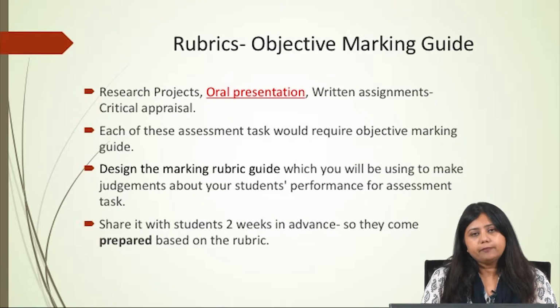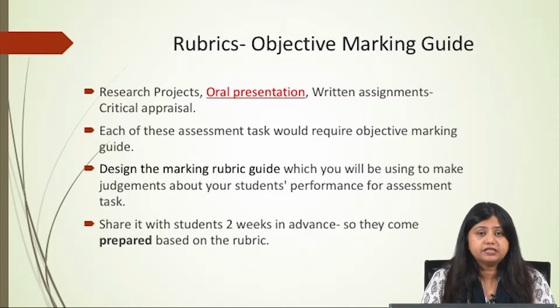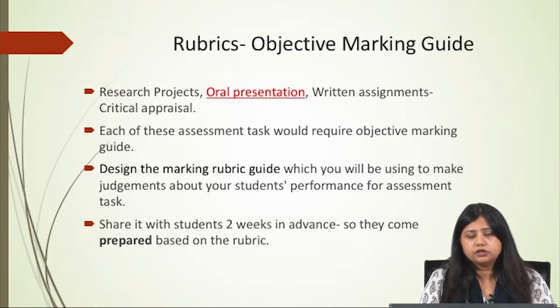Looking into this example again of oral presentation, what I wanted to highlight here is that as an examiner, we do have all the criteria in our head. Now, if a student does a presentation, to be specific an oral presentation here, and I give the feedback to the student that I have marked you less on your communication skill, you need to improve on your communication skill, whereas if there are 2 assessors, the second examiner informs the student that your communication skill was excellent.